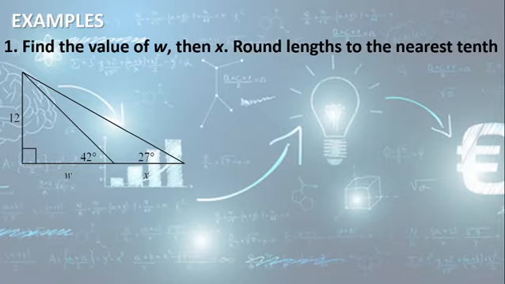And so if a cliff was standing on the ground, the cliff is 12 units tall, and then some distance away from that cliff you have, let's say an angle of elevation, from w units away from the bottom of the cliff. The angle of elevation to the top of the cliff is 42 degrees.